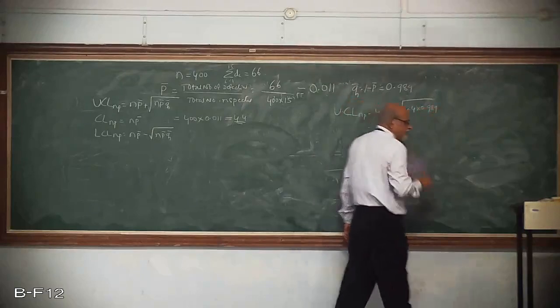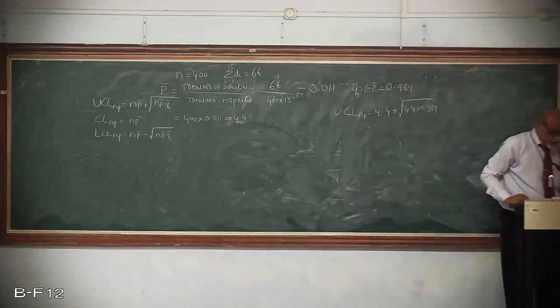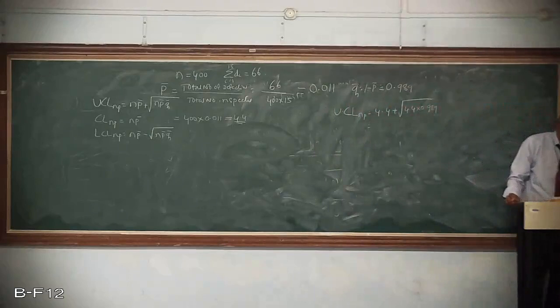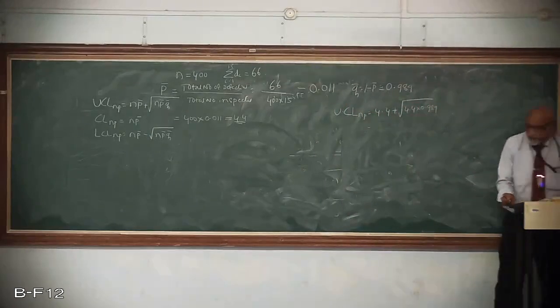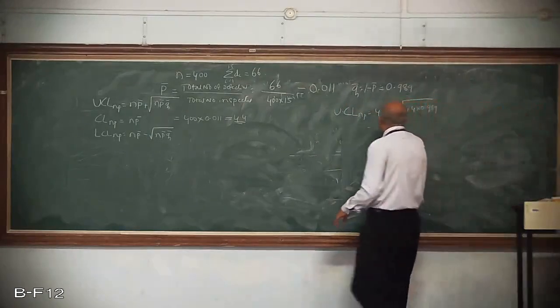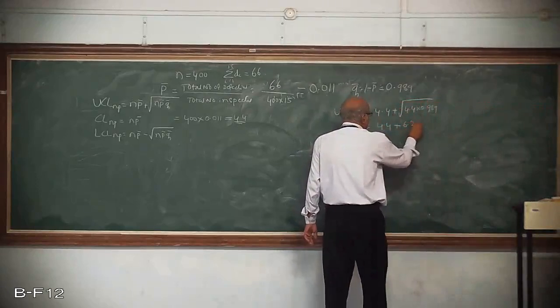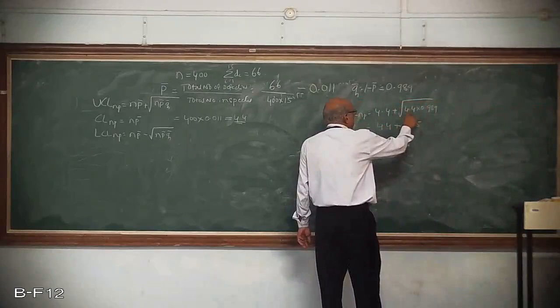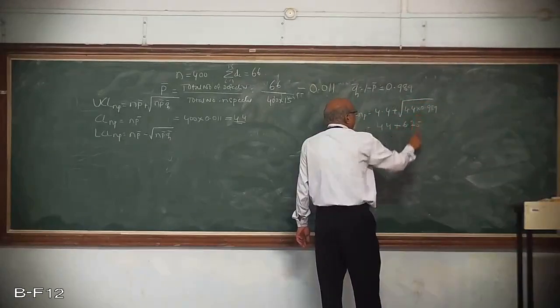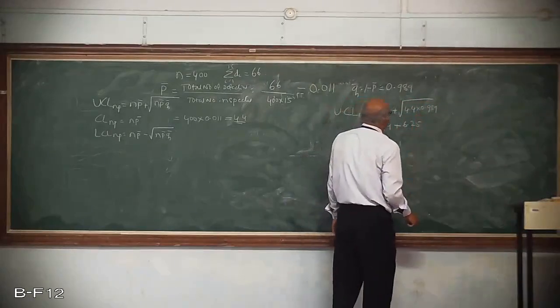That is what I need to find out. If I find out like this, it works out to be 6.25. 4.4 into 0.989.